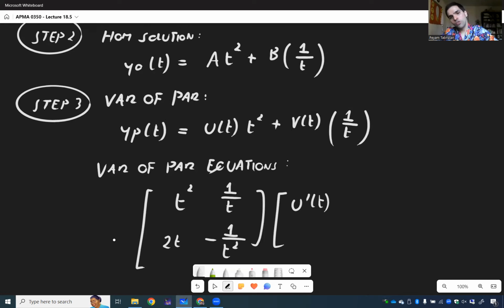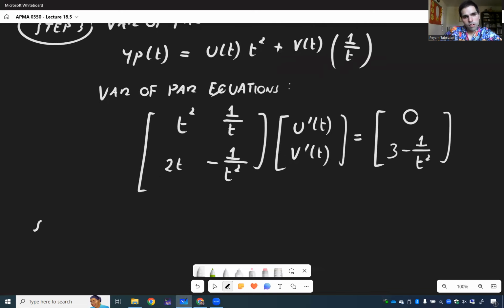Then the vector is u prime and v prime. And you put 0 and the inhomogeneous term, which, careful, is not 3t squared minus 1, but this new thing, 3 minus 1 over t squared. And then you just solve this using Cramer's rule.